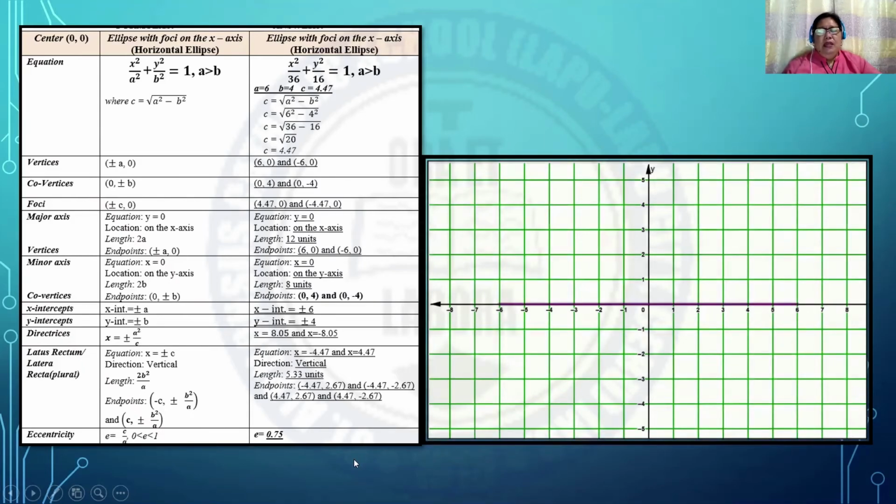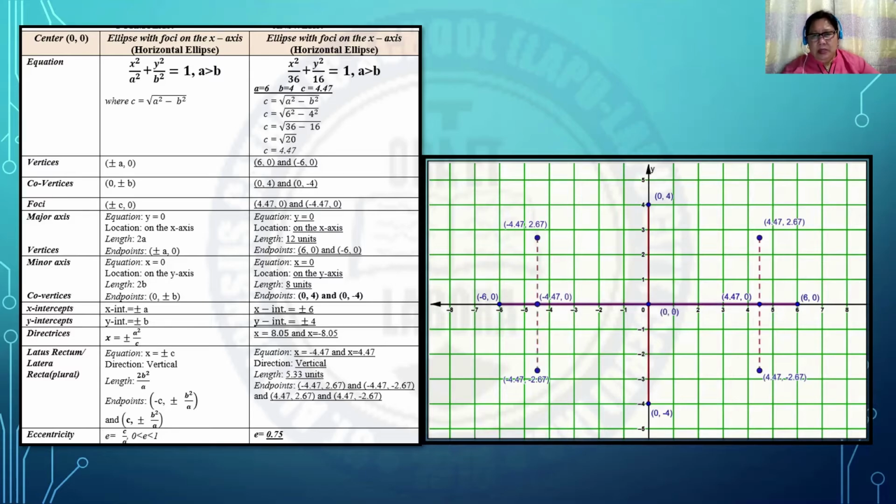First, you have the major axis, then draw the minor axis, then the center. You have the first focus, then you have the other focus, the vertex, another vertex, then you have the co-vertex, another co-vertex, then the endpoint of the latus rectum, another endpoint on the other side, another endpoint, and another endpoint of the latus rectum.